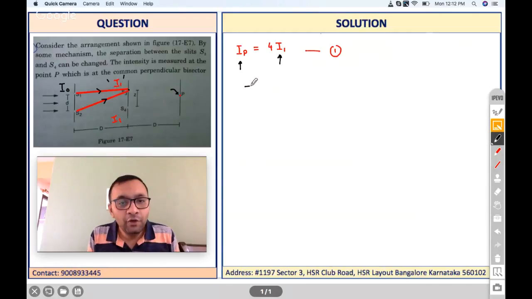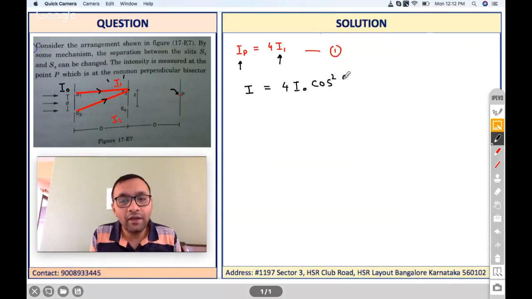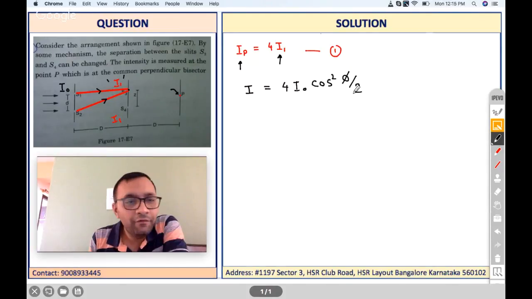We know that intensity at any location is given as 4 times I naught cos square phi by 2. So I am talking about intensity in the plane of S3, S4. Let us say that this intensity I am trying to find out at location of slit S3. So this will be equal to I1 only.